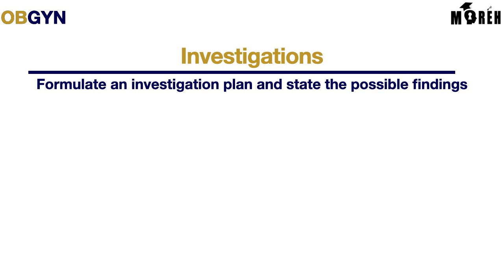So specifically, when it comes to investigation, the two things that we want to do are, one, confirm the diagnosis, and two, assess for severity. Confirm the diagnosis and assess severity.